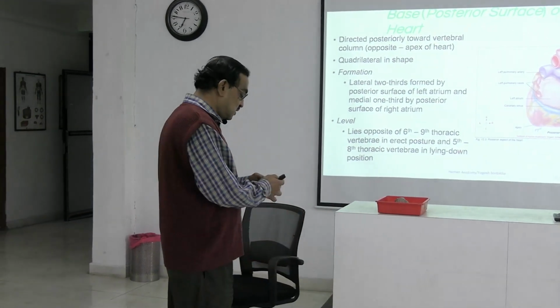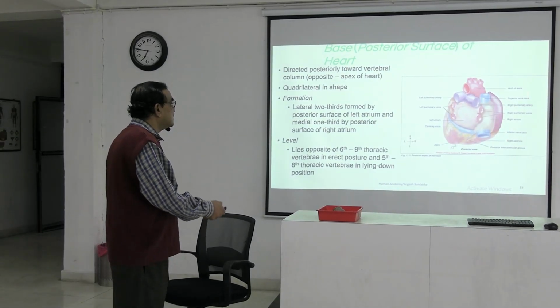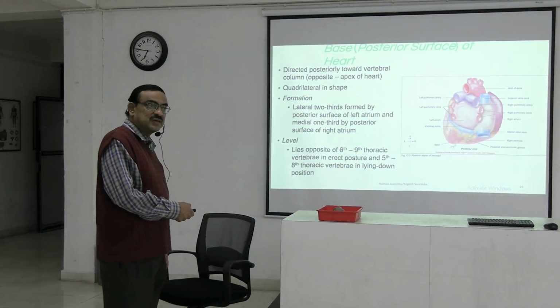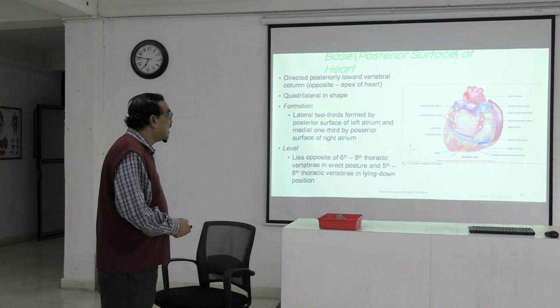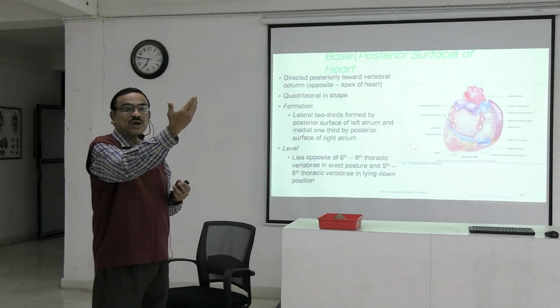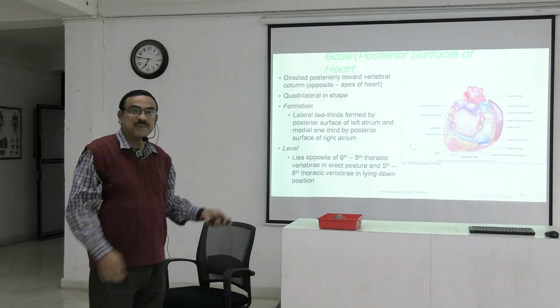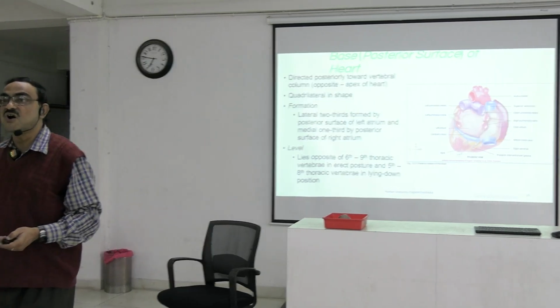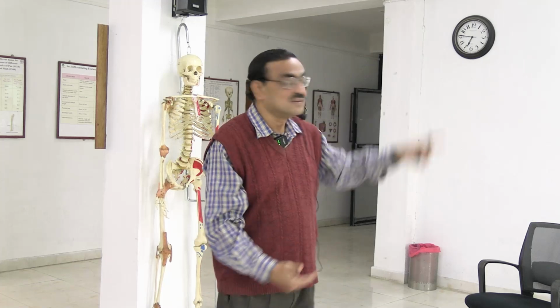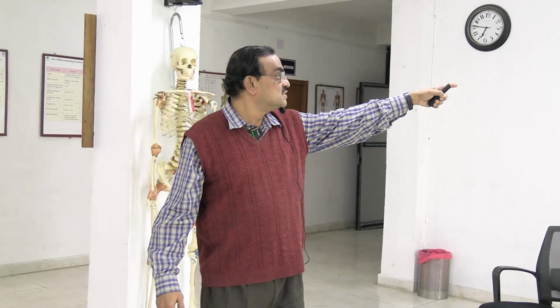And we know this area is covered by the pericardium. If we can put our fingers in between the pericardium and the base, that area is called the oblique sinus, in between the pulmonary veins.